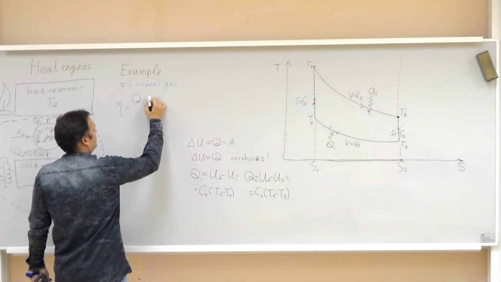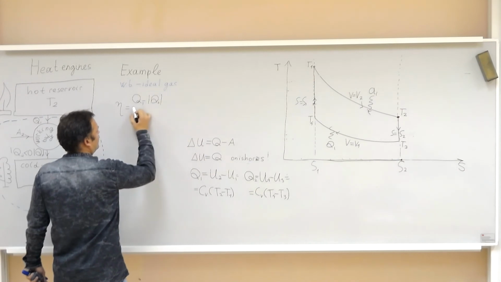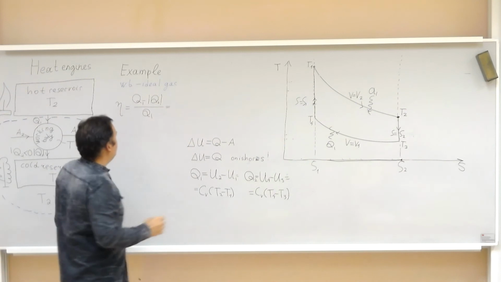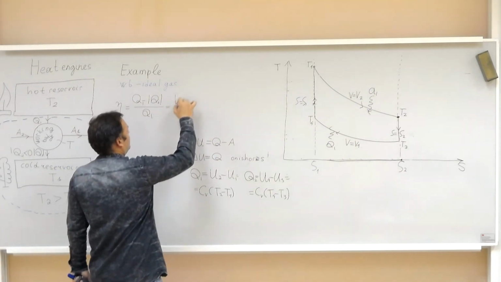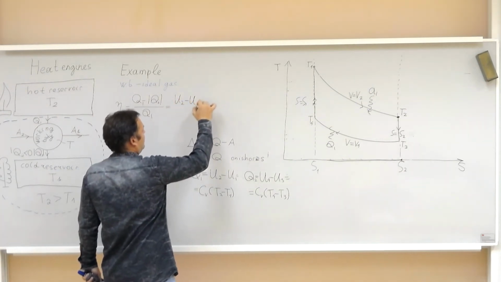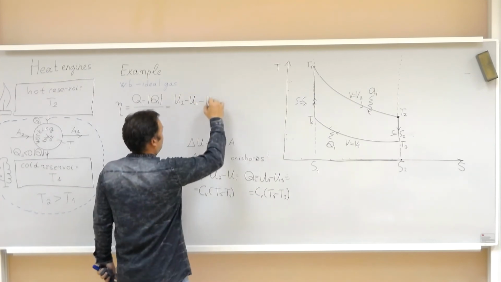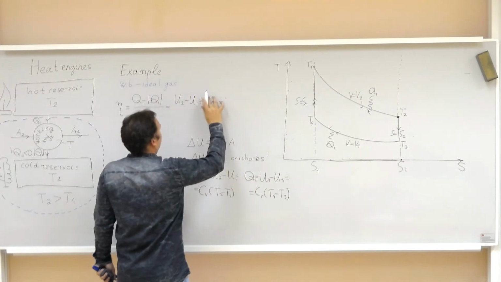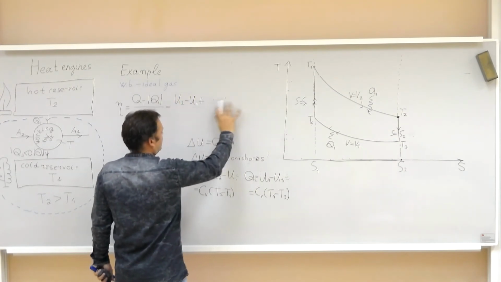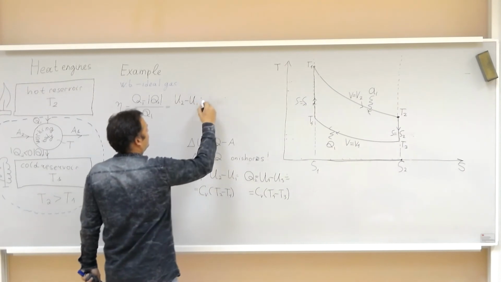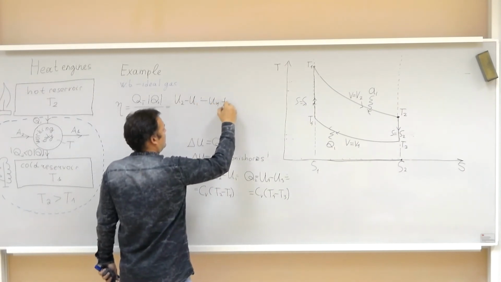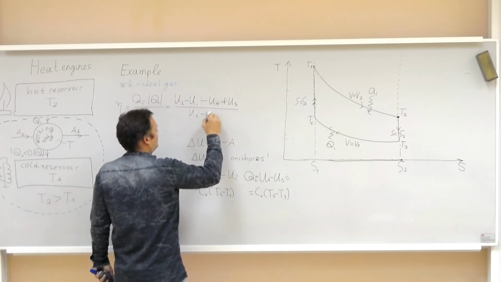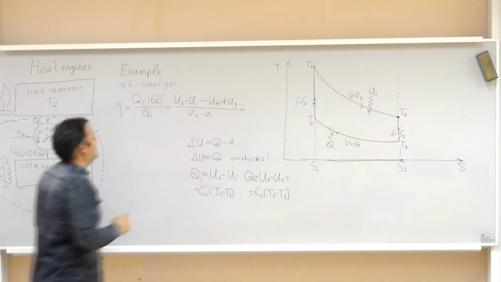Q1 minus the absolute value of Q2, divided by Q1: U2 minus U1 minus U4 plus U3, divided by U2 minus U1.